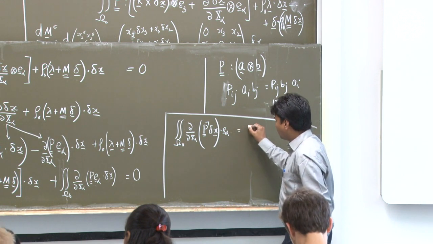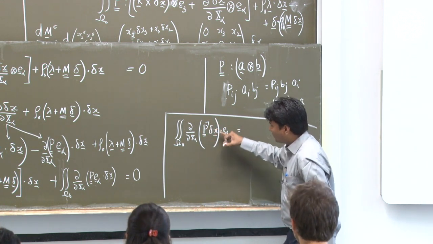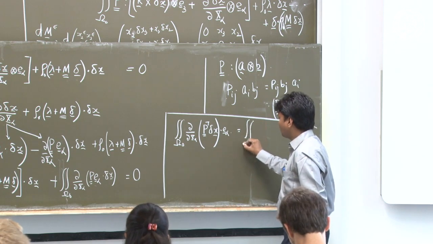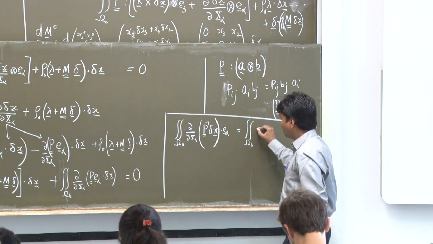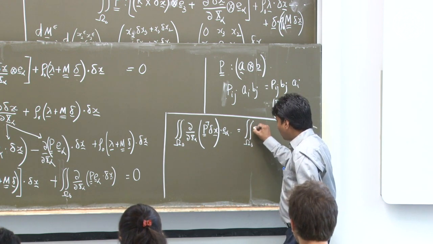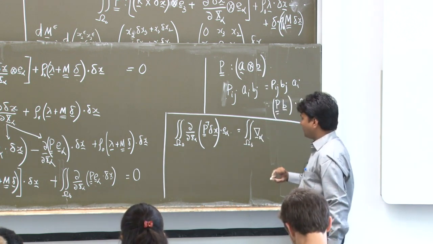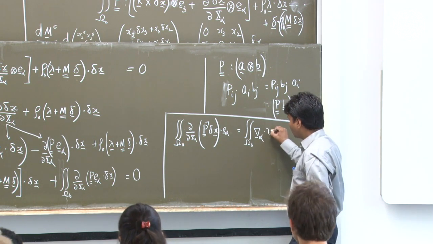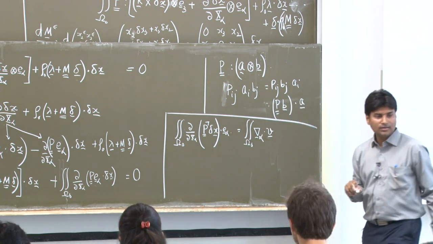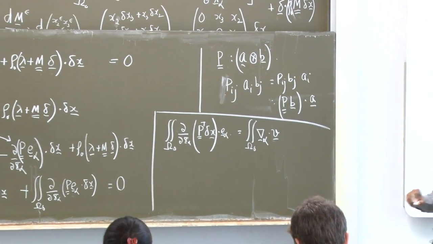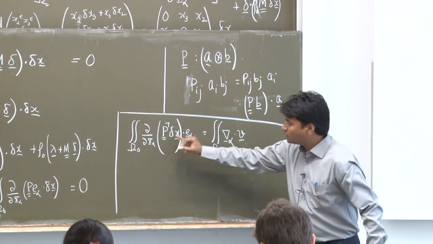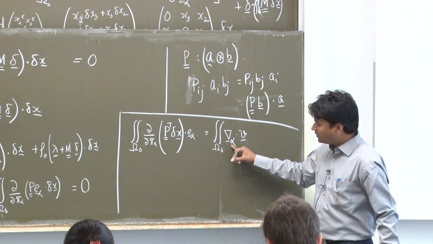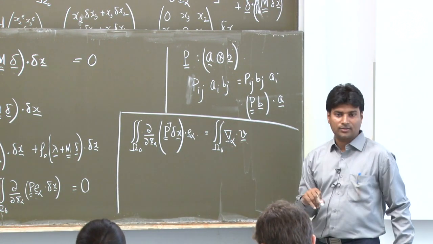which is, now think of this as a vector v. So, this is same as integral over omega naught of the divergence, but only in cross section, divergence alpha of a vector v, where v is P transpose del x. So, this is only divergence in the cross section, and your domain is also the cross section.